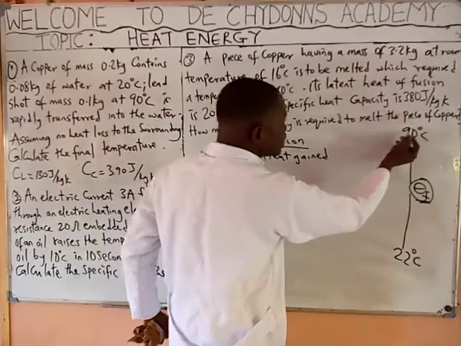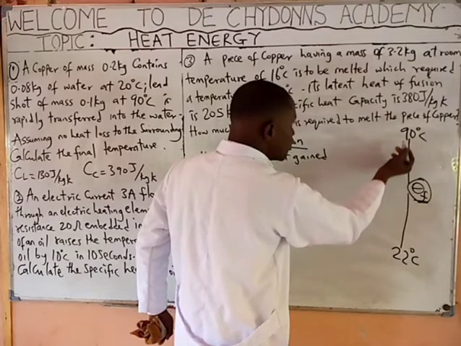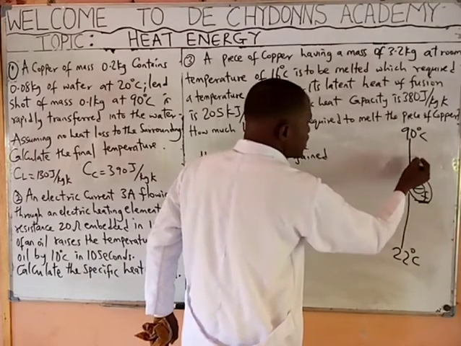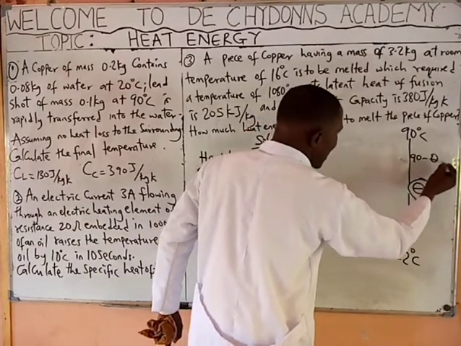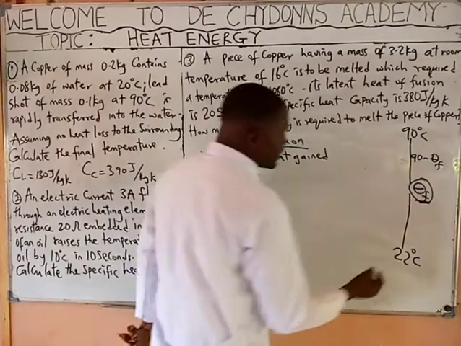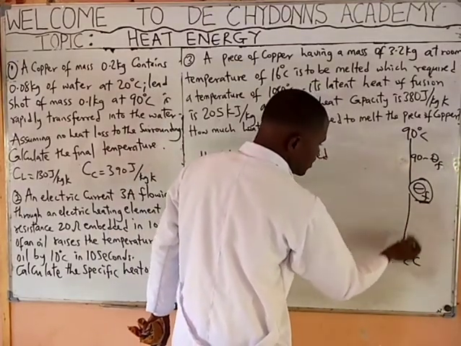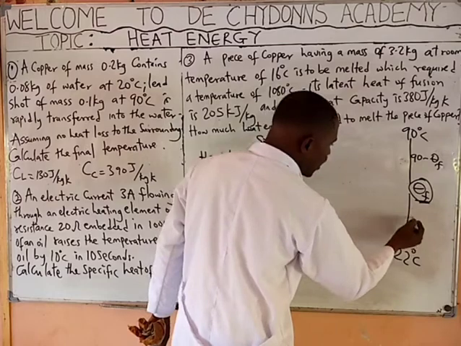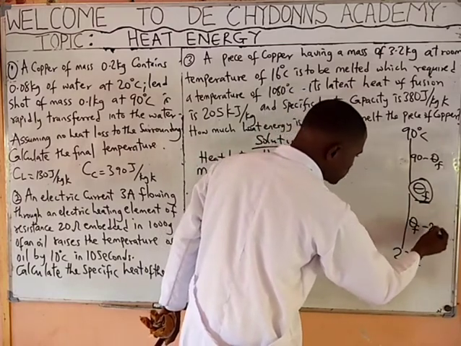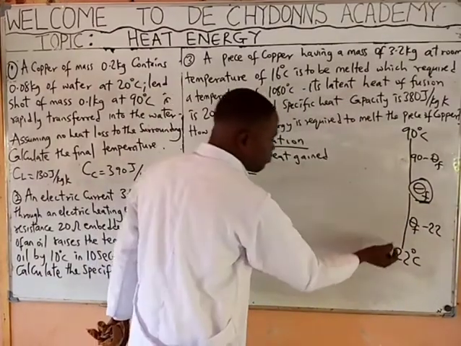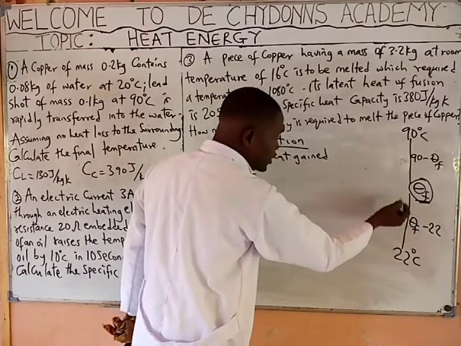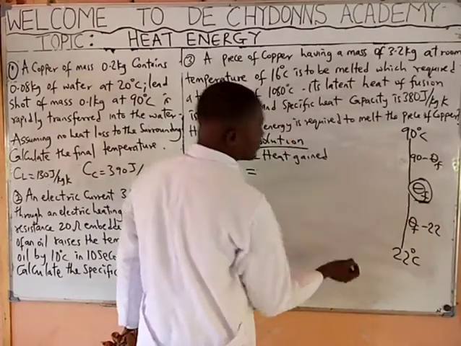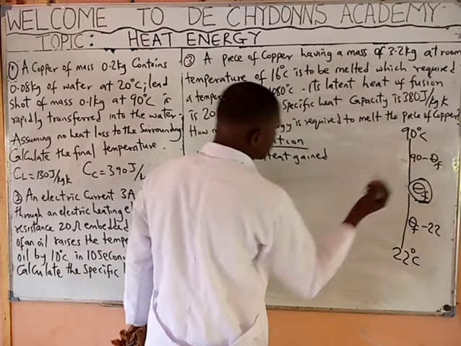So the temperature change of the lead is gotten from 90 minus theta F, while the temperature change of the water and copper is gotten by theta F minus 22. That is the temperature loss from here to here, and this is the temperature gain from here to here.